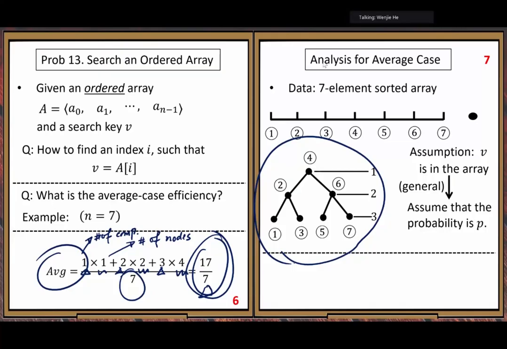Then you count the number of nodes and the number of comparisons in each level. Then you write the formula for the average case efficiency. In your homework assignment number 2, I will give you a similar question. Calculate the average case efficiency for the binary search. All right.